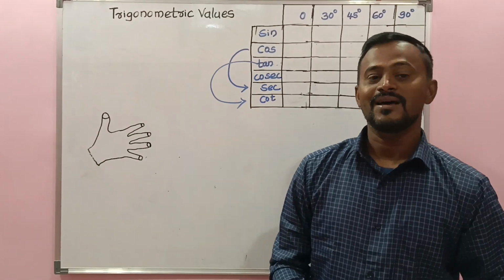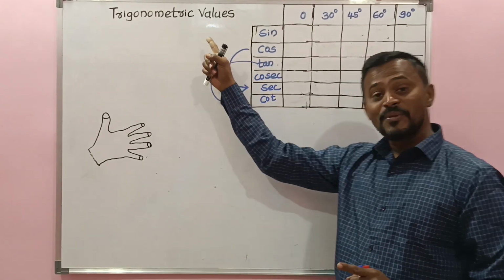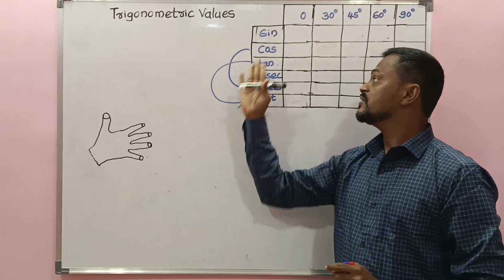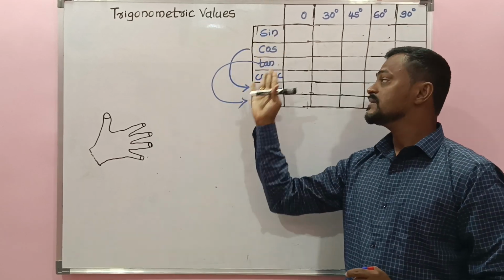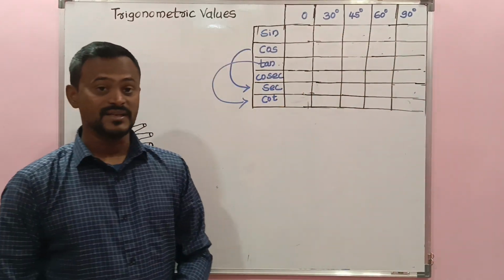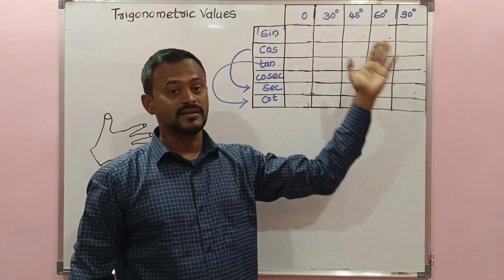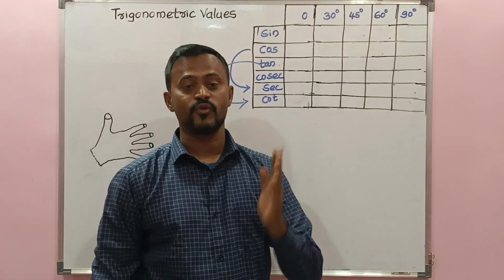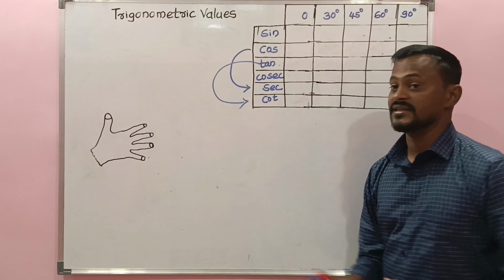Today in this session, let us learn the trigonometric values for sine, cos, tan, cosec, sec, and cot theta for the standard angles like 0 degree, 30 degree, 45 degree, 60 degree and 90 degree.